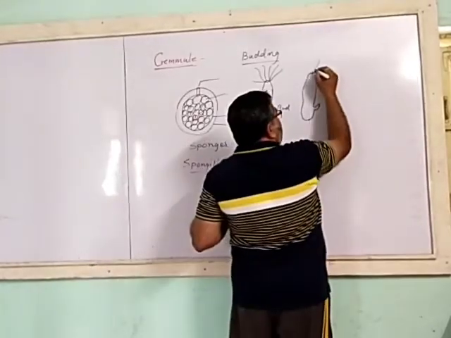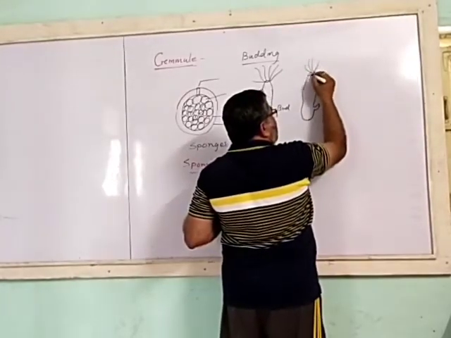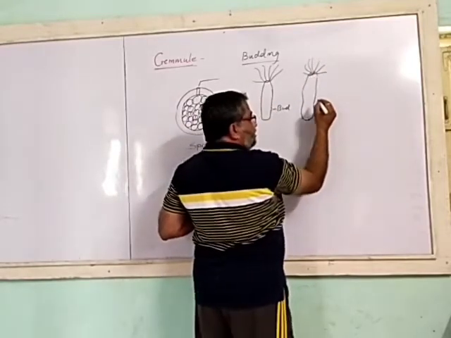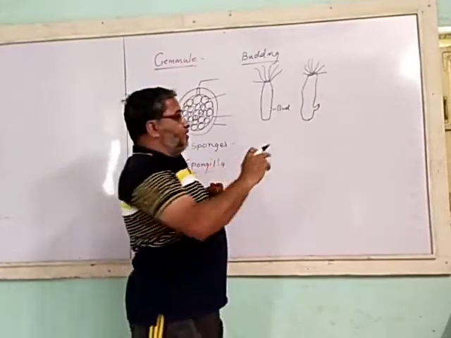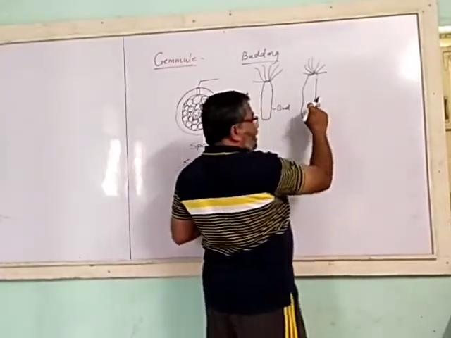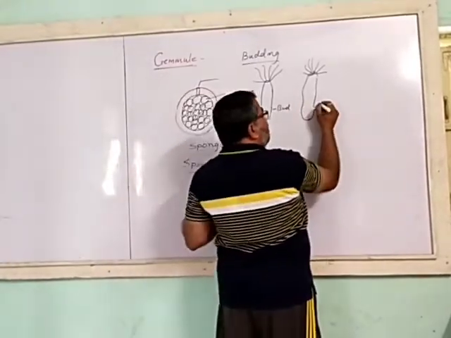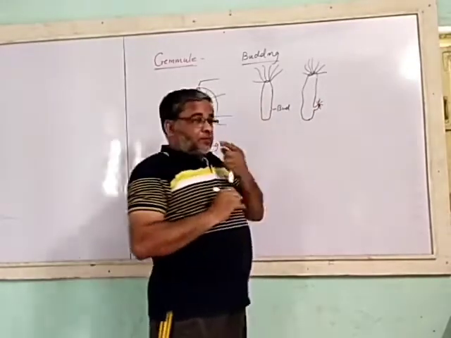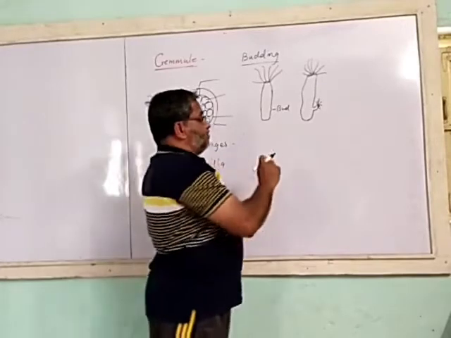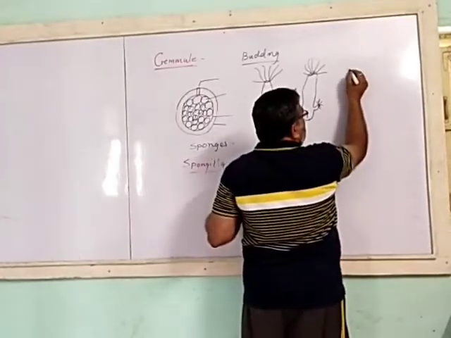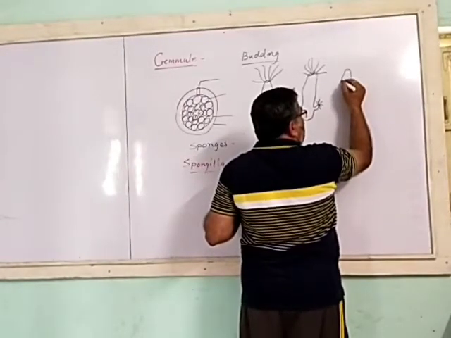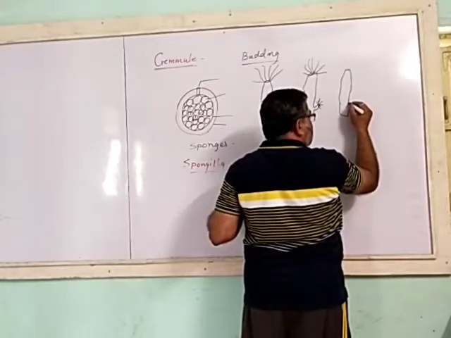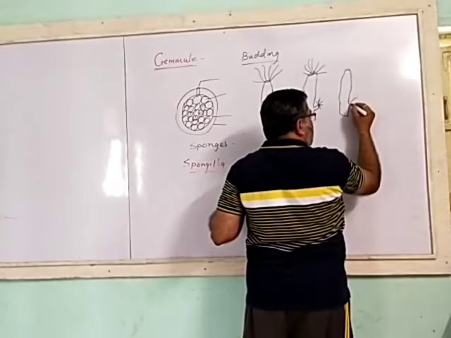When that young hydra is developing and going to mature, a mouth is formed, and when the mouth is produced, the small tentacles appear. When the small tentacles appear, later on the new hydra matures and it can cut off.